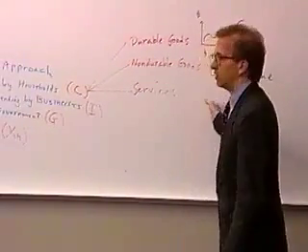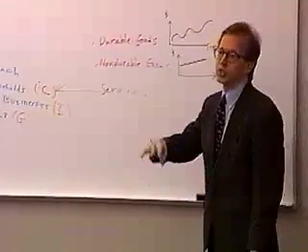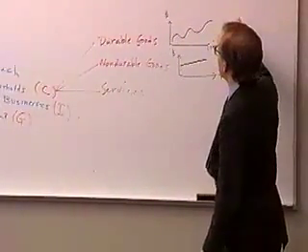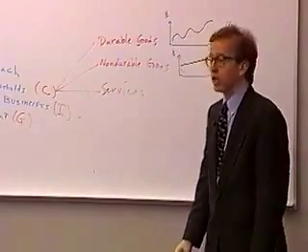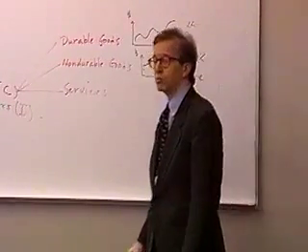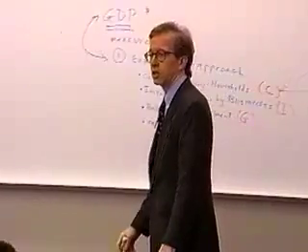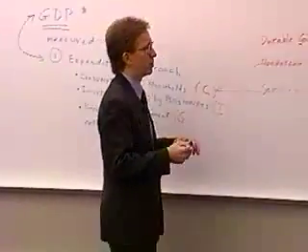Okay? Now, I told you St. Louis and Kansas City, among other cities, Detroit, Chicago, and so forth, big cities, tend to be places where they produce a lot of durable goods. But smaller cities and towns tend to do more non-durable goods production. Why is that? There are several reasons, but I'll give you a simple one.